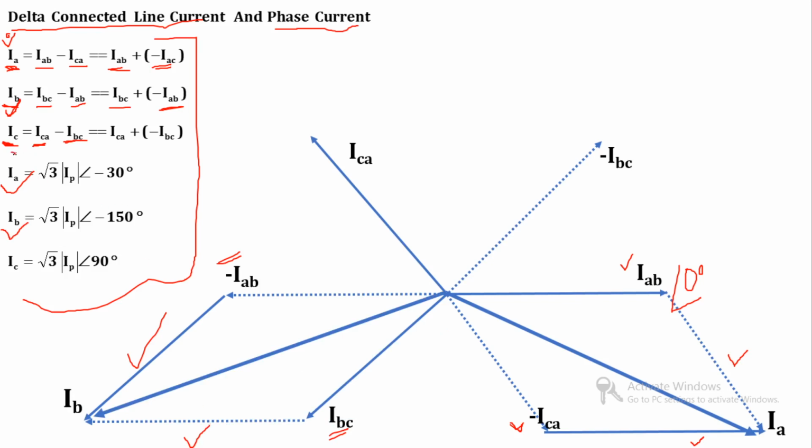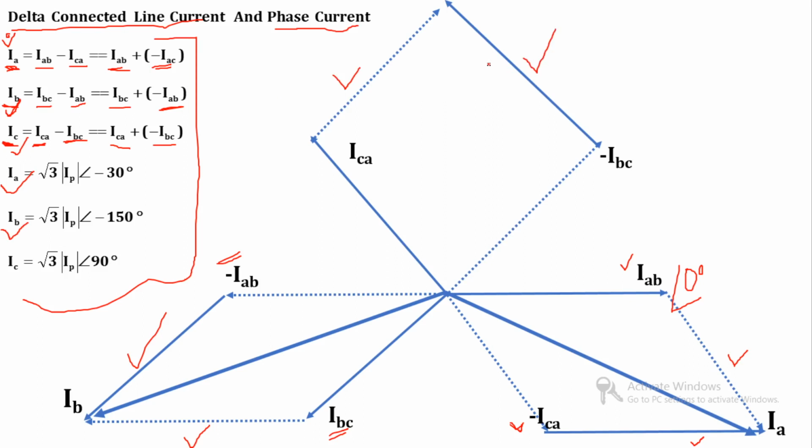Now the last one, IC, which is the addition of ICA and minus IBC. First we have to draw the parallel lines to ICA and minus IBC. This is the parallel line to IBC and this one is the parallel line to ICA.